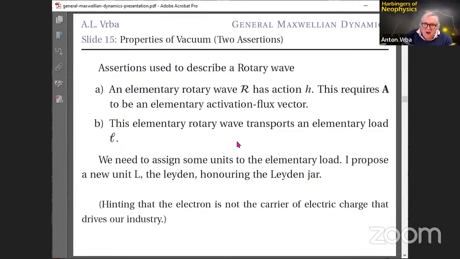With this, I'm already hinting in brackets that the electron is not the carrier of electric charge that drives our industry. The electron has an elementary electrostatic charge, but it is not the charge that forms a current that lights our light bulbs. I can show you a thought experiment in that respect. I haven't got it in these slides, but I can pull it up later if you're interested.